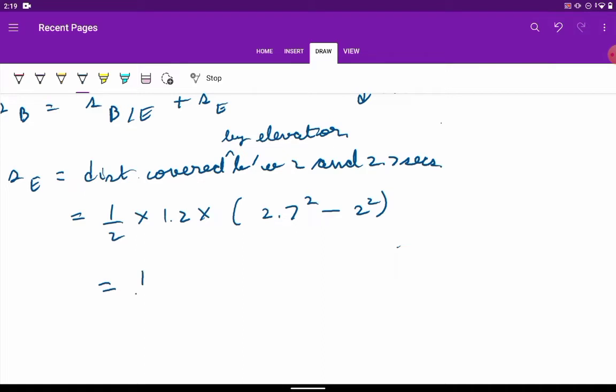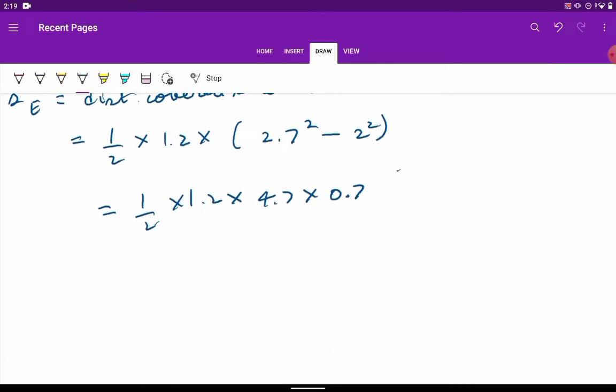This will become half into 1.2 into a square minus b square, which is a plus b into a minus b, right? So half into 1.2 becomes 0.6, and 0.6 into 0.7 is 0.42, into 4.7.